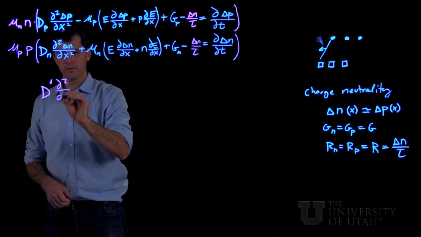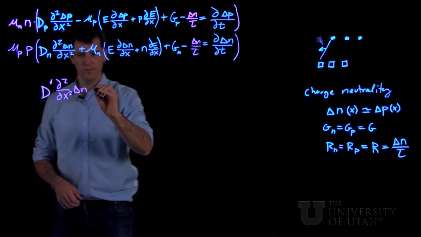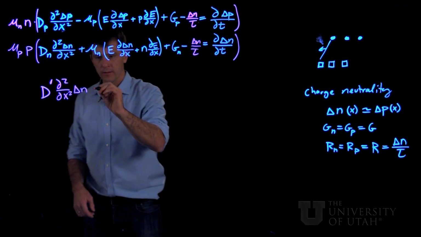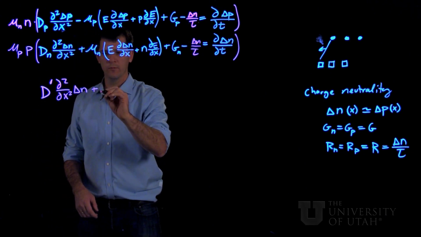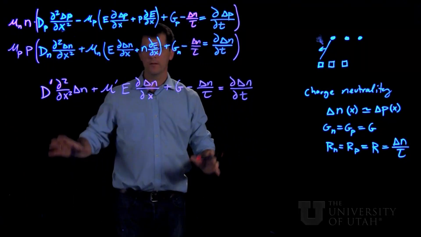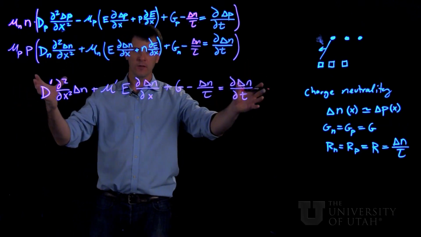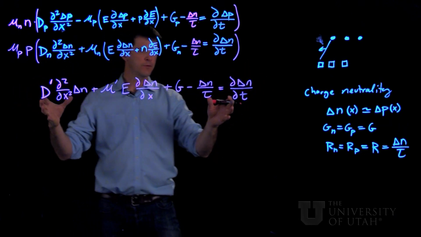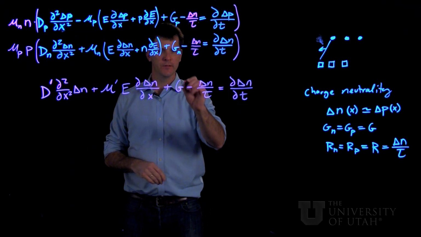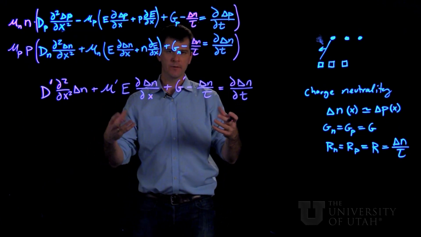d squared dx squared of delta n, an ambipolar mobility, and if we write the equation in this form, we get an overall equation for the drift and diffusion, recombination and generation of both carrier types.